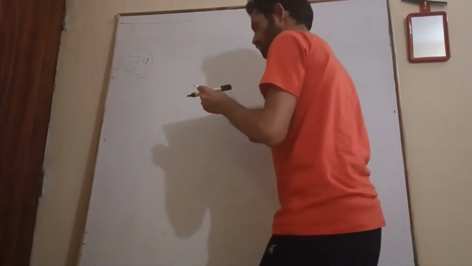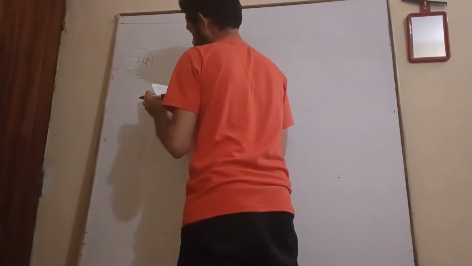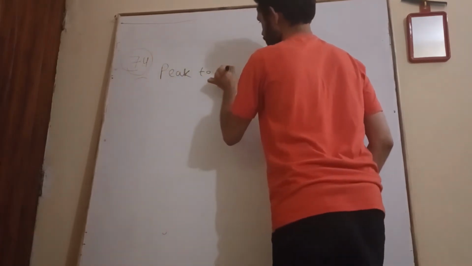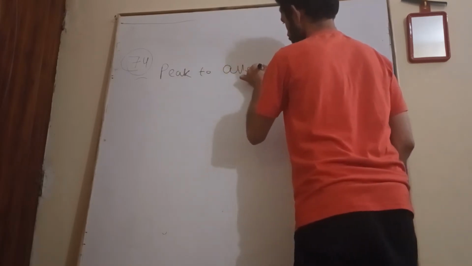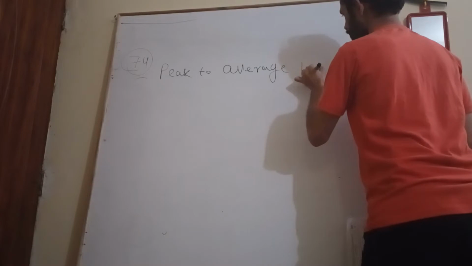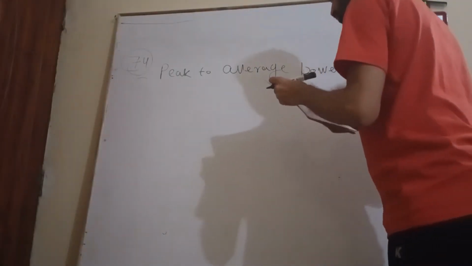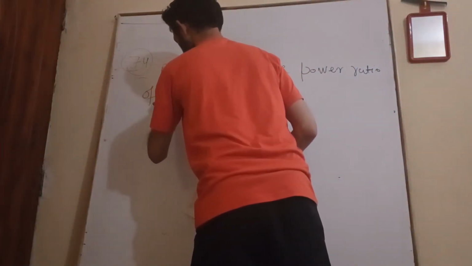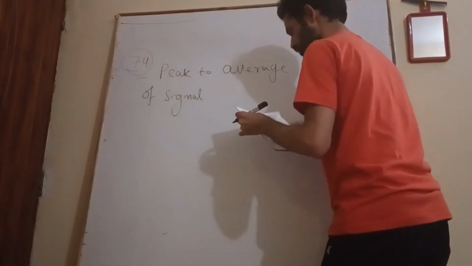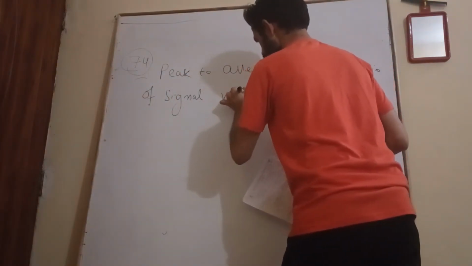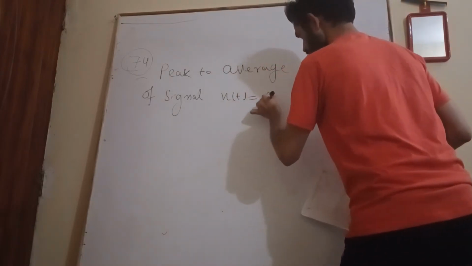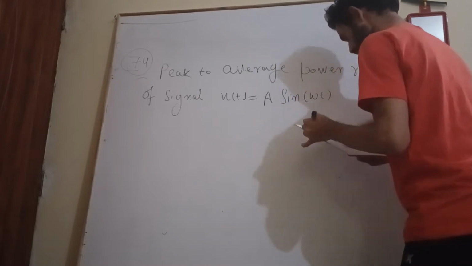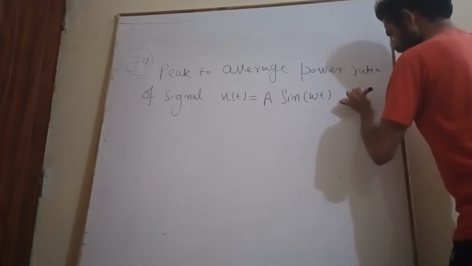The next question is: what is the peak to average power ratio of the signal x of t equal to A sine omega t, with 50% duty cycle?